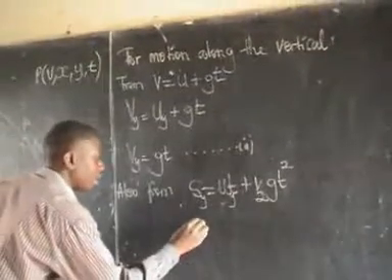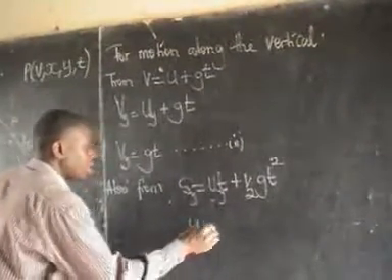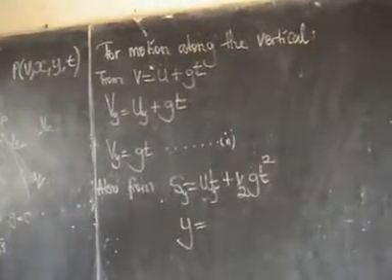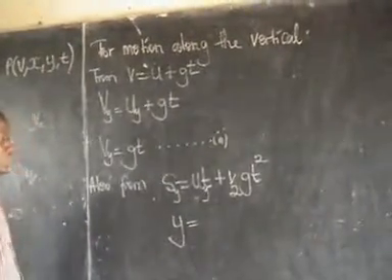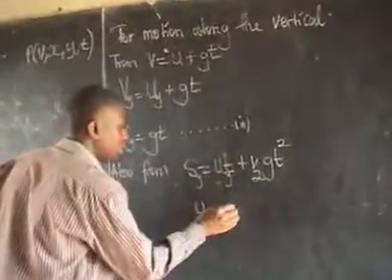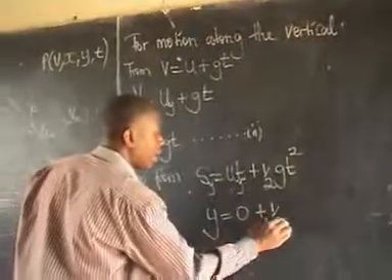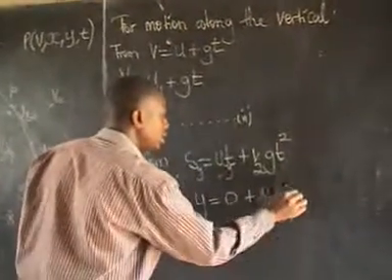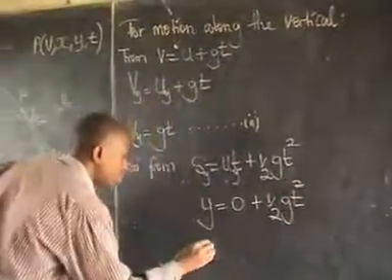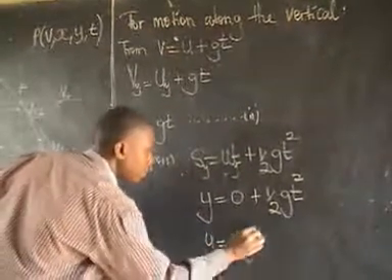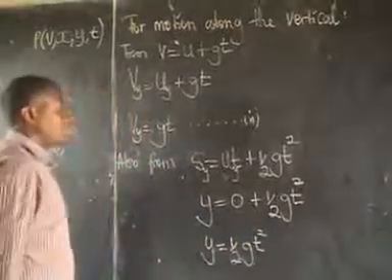So we shall have y equal to, now the Uy, the component which is 0 at t equals 0, therefore the whole of this will reduce to 0, and we shall have a half g t squared. So our y will be equal to a half g t squared.